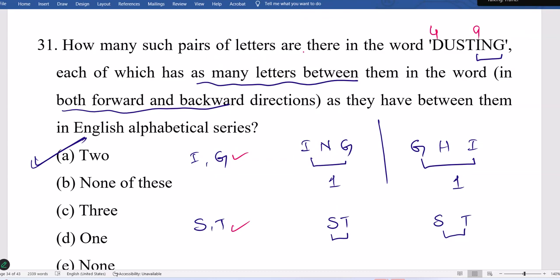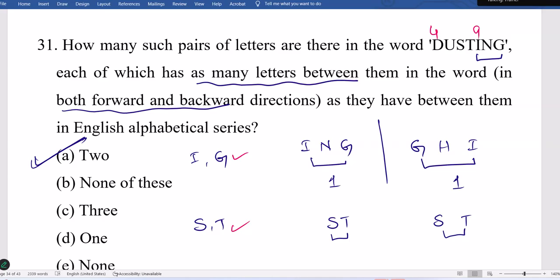Between T and U, no. With respect to D, D and U are far away, S far away, T far away, I also no. G also nearer is required, but here it is far. D and N not possible, out. T and U should be neighbors, but here one gap is there, waste. N, G and all are far away, out, waste.